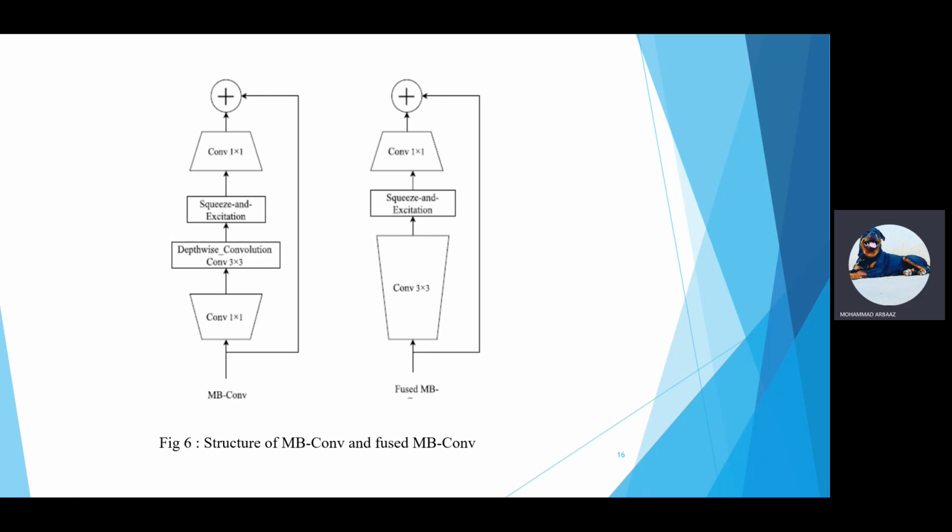In the fused MB convolutional, we will not be using depthwise convolution. Apart from that, all the features will be the same in MB convolutional and fused MB convolutional. As compared to MB convolutional, fused MB convolutional will be better because it has fewer layers and it is easy to process all the given inputs.